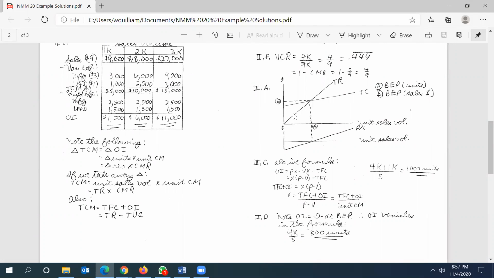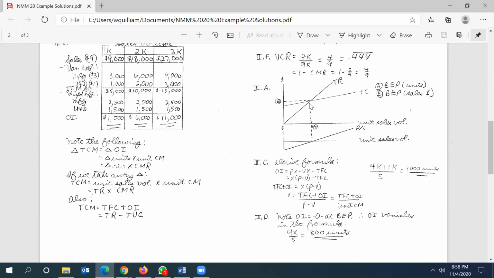The slope or rate of change will be price because for every additional unit we sell, the rate of change of total revenue will be the price. So the slope of total revenue will be greater than the slope of total cost. It's because we want price to be greater than variable cost per unit. Otherwise, we'll never earn profit.